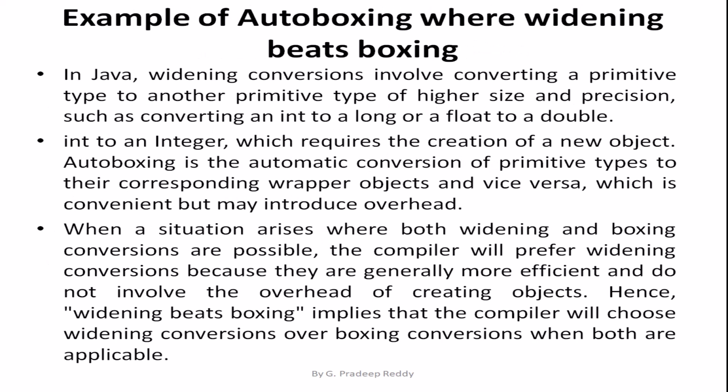Example of autoboxing where widening beats boxing. In Java, widening conversions involve converting a primitive type to another primitive type of higher size and precision, such as converting an integer to a long or a float to a double.